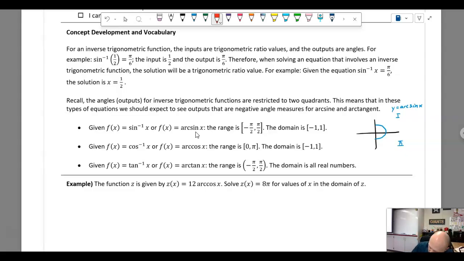And then we have arc cosine, which is going to use quadrant 1 and quadrant 2. y equals cosine inverse. And then for tan, arc tan is the same as arc sine, except they do not use the quadrantal values. So y equals tan inverse.